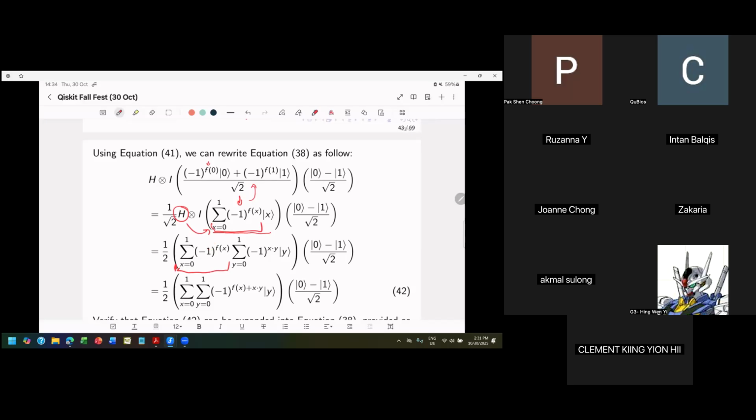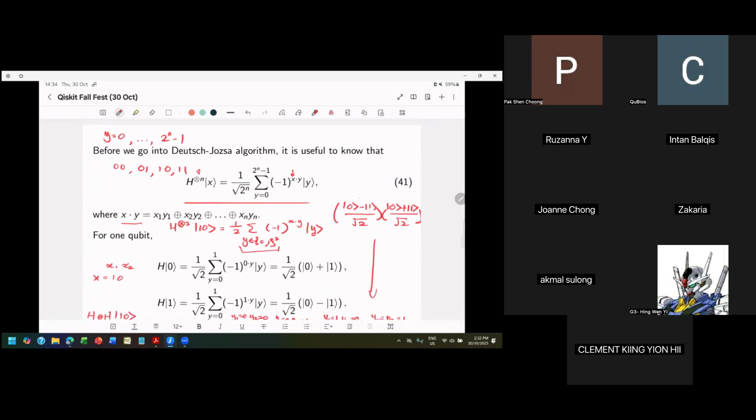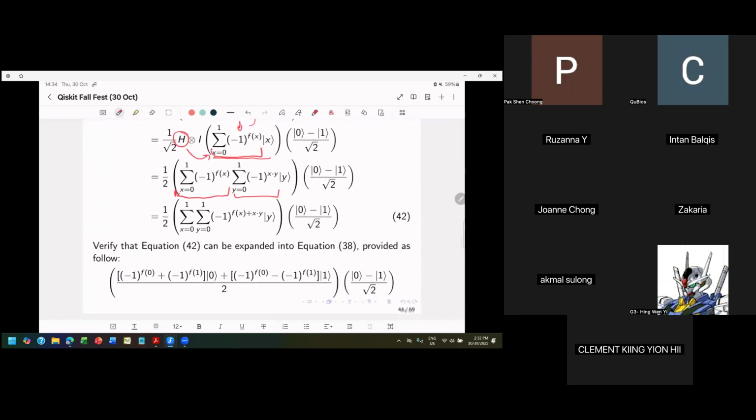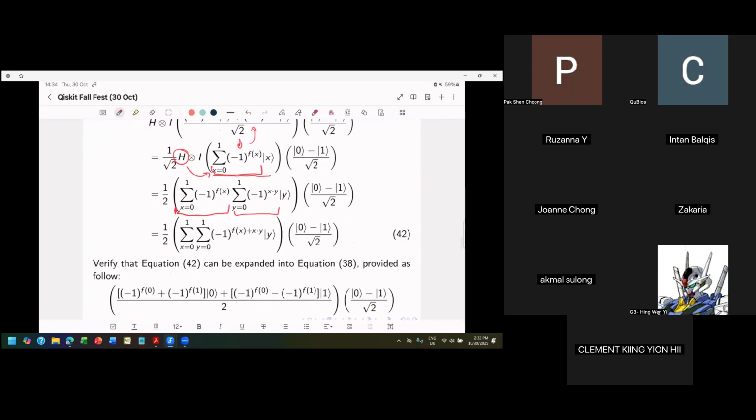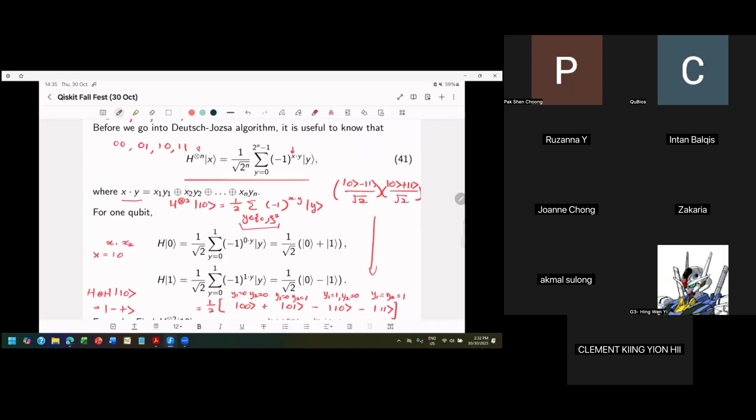What is the function of H acting on this whole thing? Basically, it gives you the summation on the right, which is exactly the same as equation 41 for 1 qubit. So you have the summation of all y from 0 to 1 because it's just a 1 qubit, and then you have minus 1 to the x times y in the y state. If you cannot see this particular summation, you can go back to here and you can see that this is exactly the same equation.